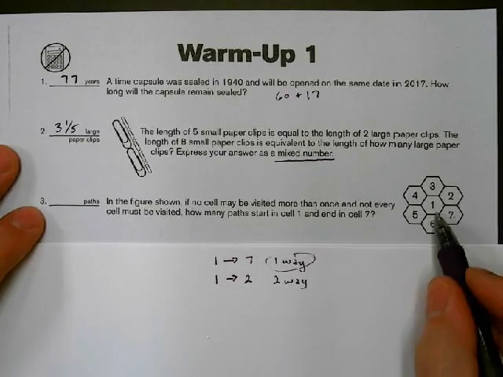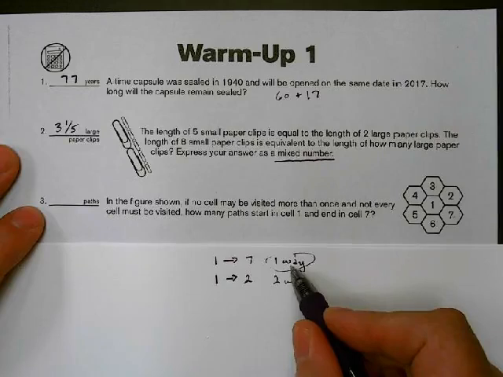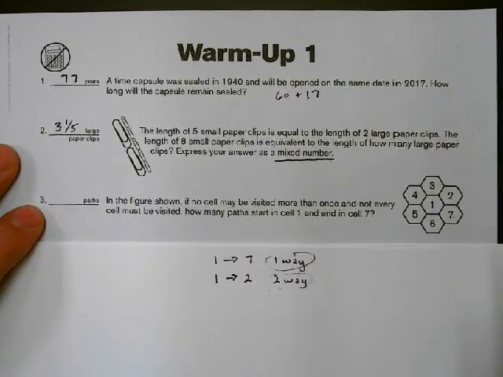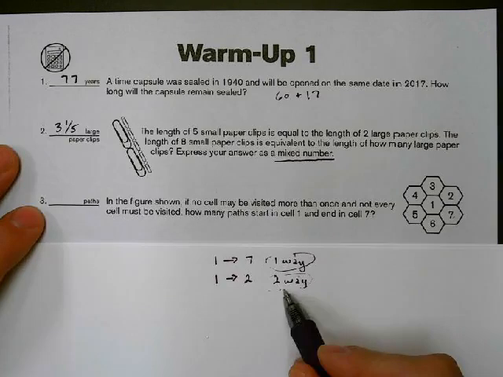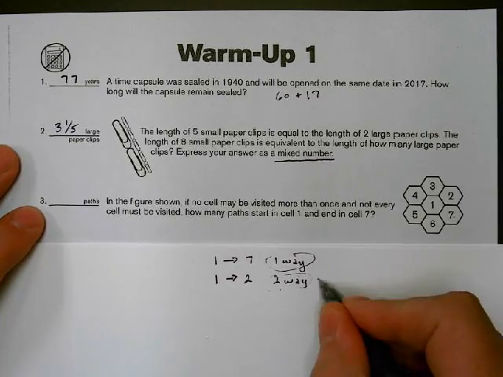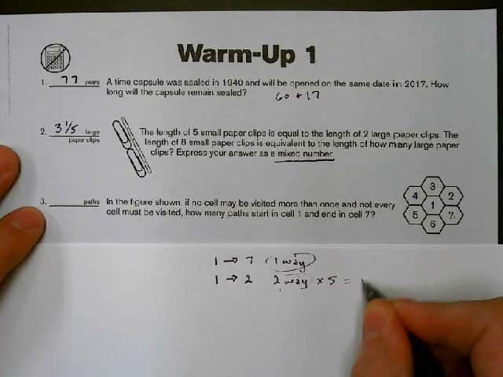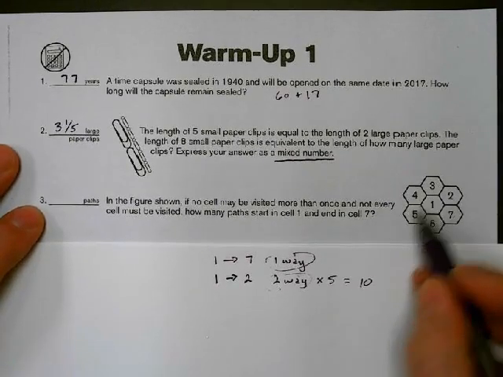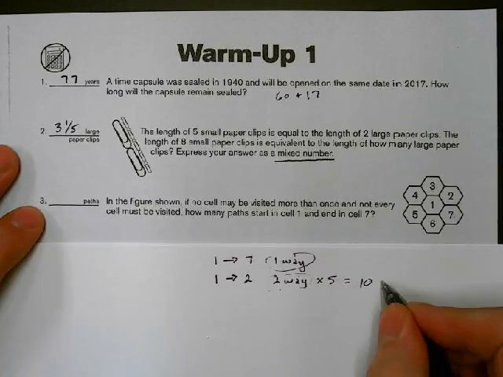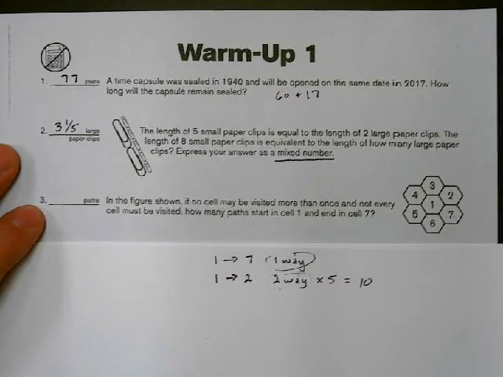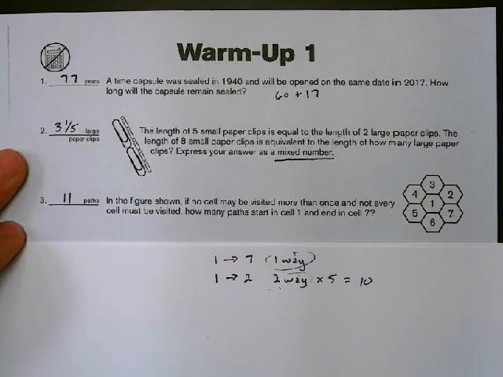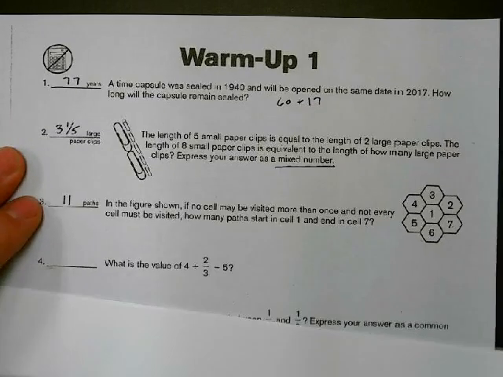So I've got 10 of those, plus the one direct way. We would get 11 ways to do it. I hope that made sense. That didn't really make sense to me when I was just saying it, but whatever.